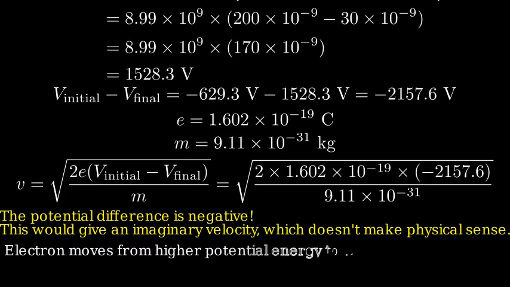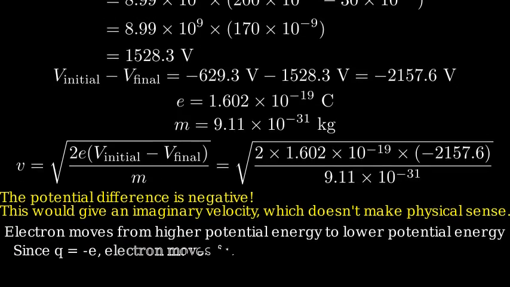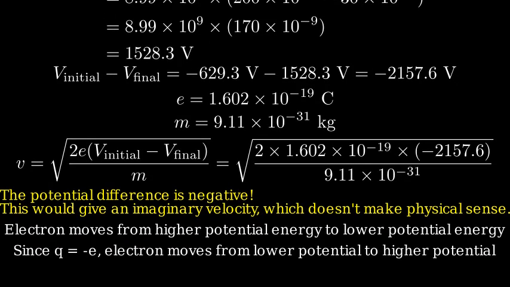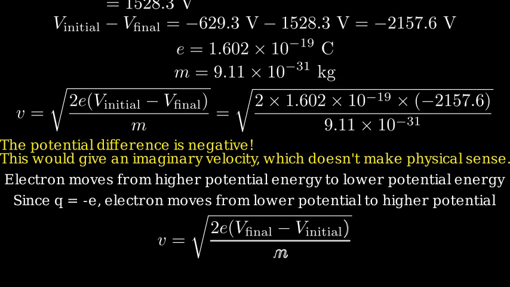The key insight is that the electron will spontaneously move from a position of higher potential energy to lower potential energy. Since the electron has a negative charge, it will move from regions of lower electric potential to regions of higher electric potential. So our formula should actually be V equals the square root of 2e times V final minus V initial divided by m.